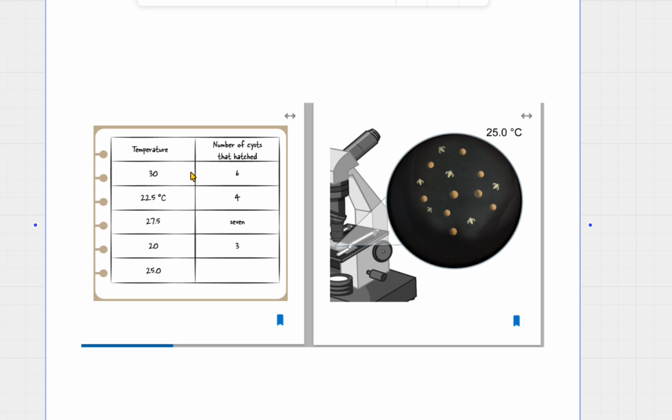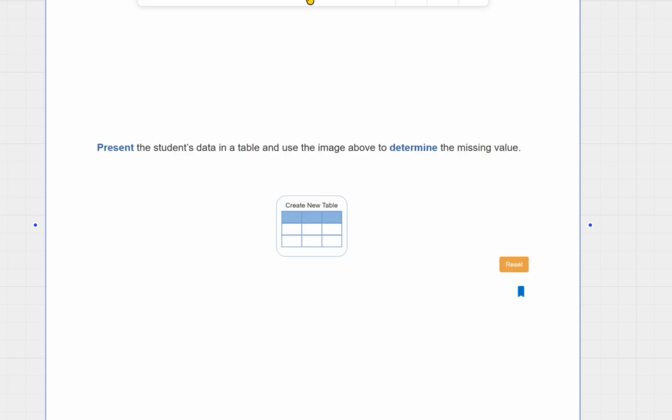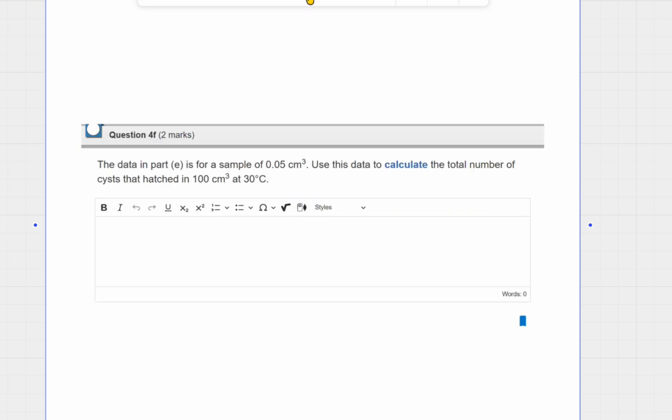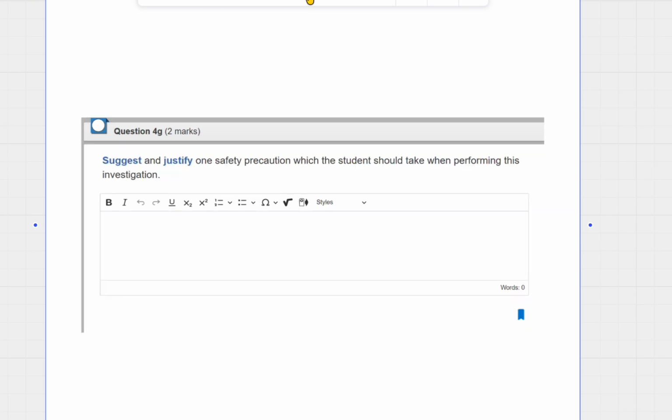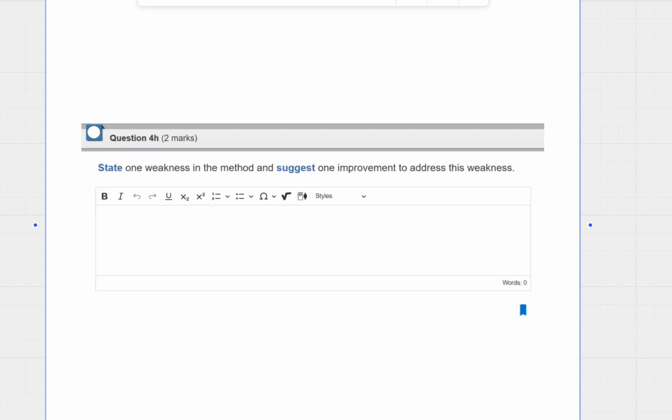This limits them from getting accurate and reliable results, because some of them might be anomalous. They might not be the correct values that we're looking for. You only get that if you take multiple trials, and if you make an average out of it, you'll get the value that is closest to the real result. So that is one weakness that this method has: it does not have repetitive trials.